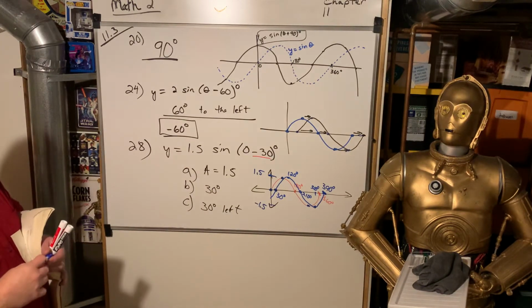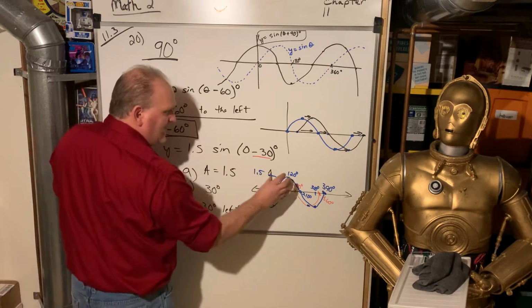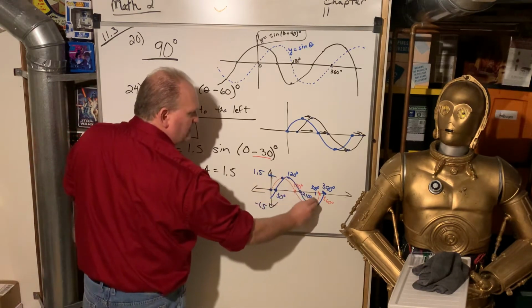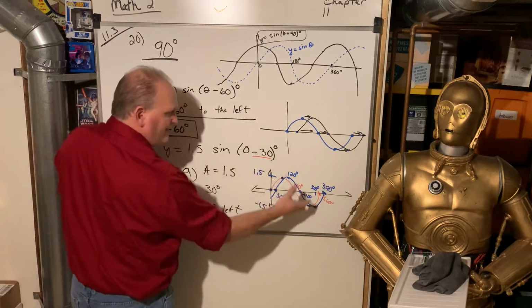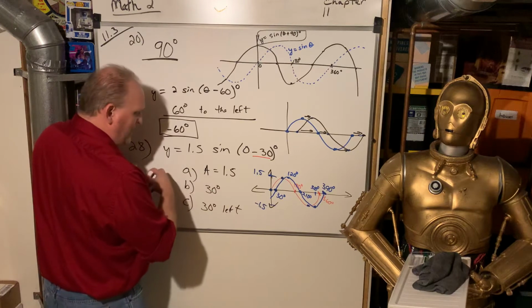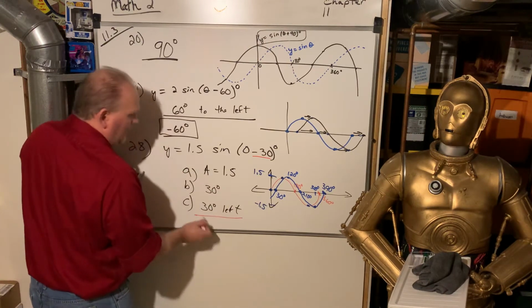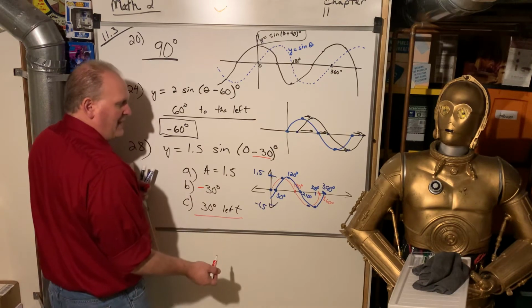And like I said, I don't like how the book asks it, because it is asking you the question, how do I get this curve, the blue curve, this graph, back into phase? Well, then I'd have to pick it up and go 30 degrees left. So that's why they have that 30 degrees left, and that's why they have negative 30 on that.